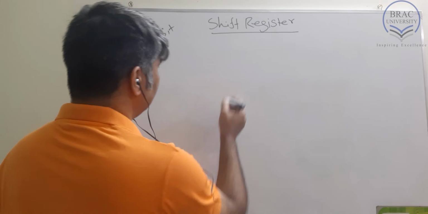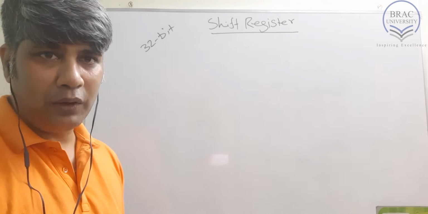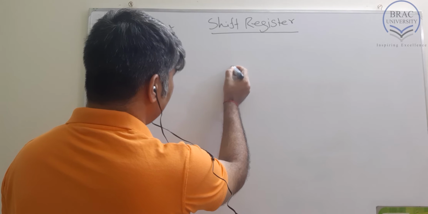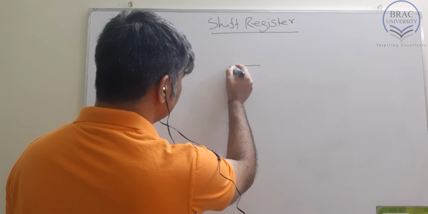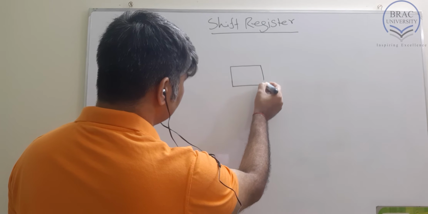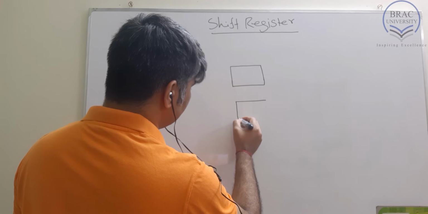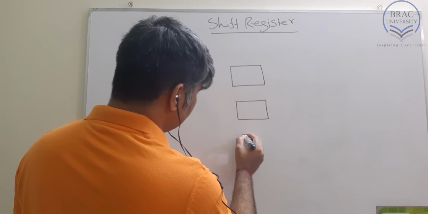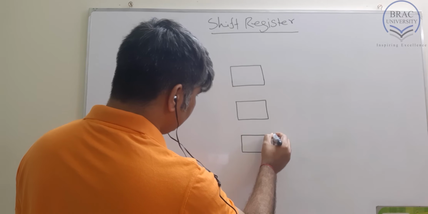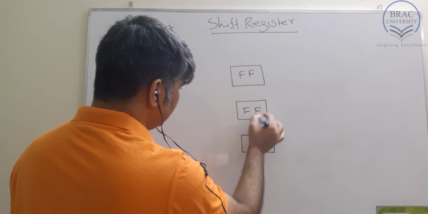Since we are designing a shift register, we'll need flip flops here. So let's have flip flops here. I'll just have 3 flip flops here. This is number 3. So these are all flip flops.